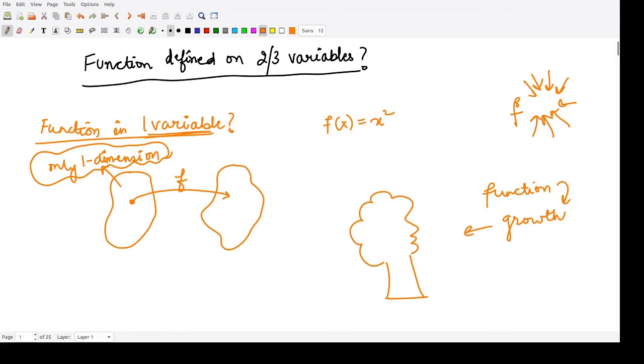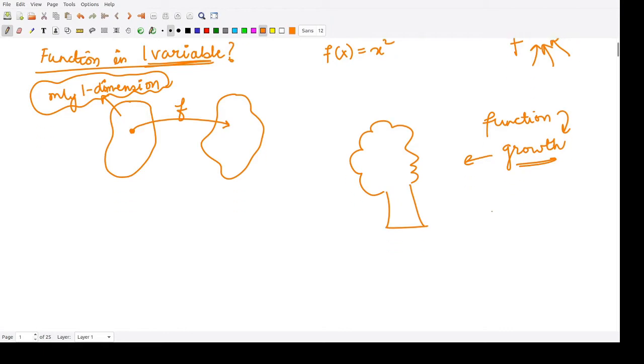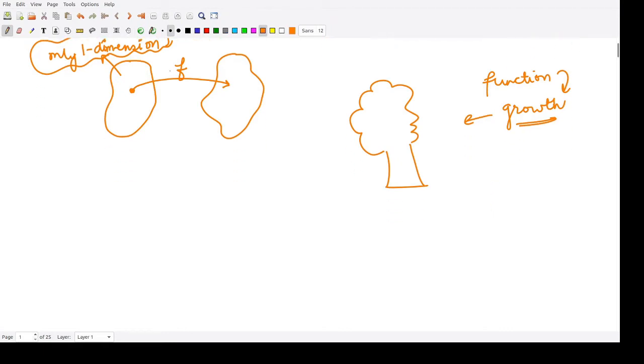For the growth of this particular tree, what are the factors that would affect its growth? Firstly, you have to identify those. So what would be those? Firstly, it would depend upon what amount of water is being supplied to it. That could be one variable. Another variable is the number of parasites or insects around it, damaging it, right?